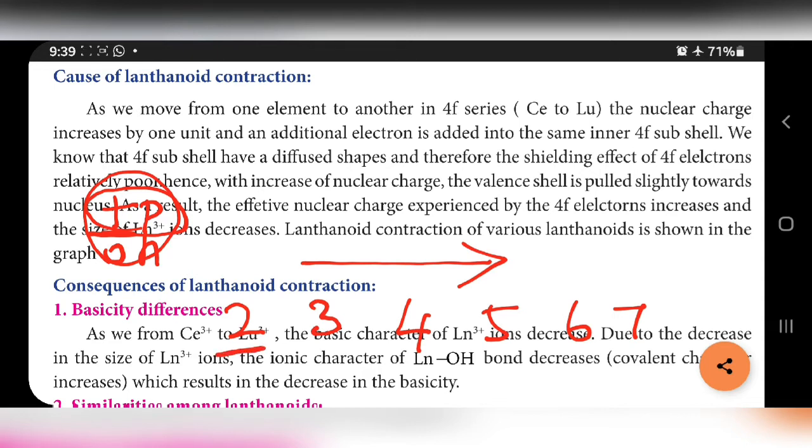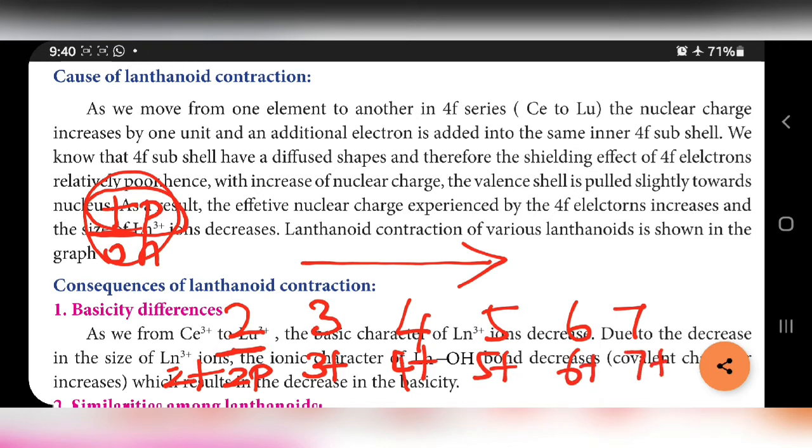If atomic number is 2, it contains 2 protons, that is 2 positive. If atomic number is 3, 3 protons, that is 3 positive. Like that, 4 positive, 5 positive, 6 positive, 7 positive.